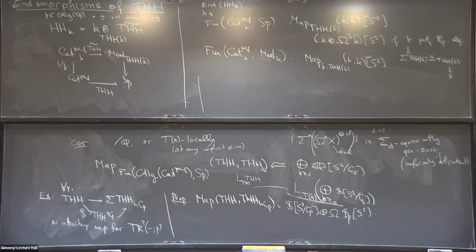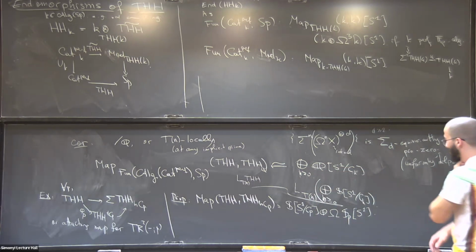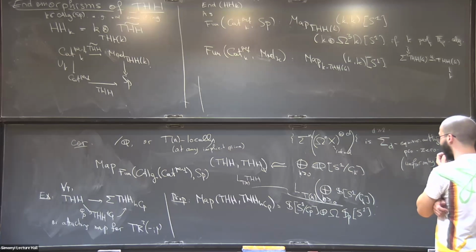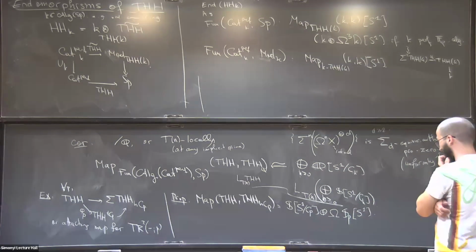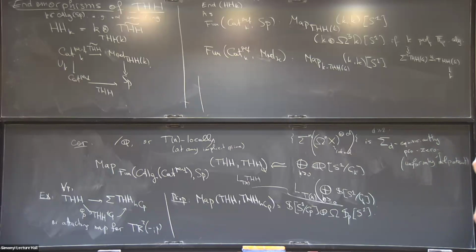Sure, maybe that's a premature question, but do you expect the answer integrally to be the same if you consider maps compatible with either? Can you say the question again? The question was that, this is actually on algebras, it's a map into a filtered... Yeah, I would think so.